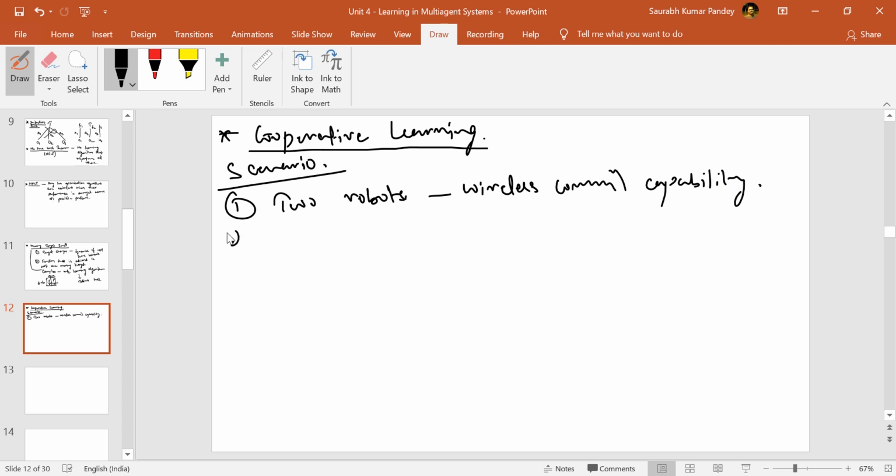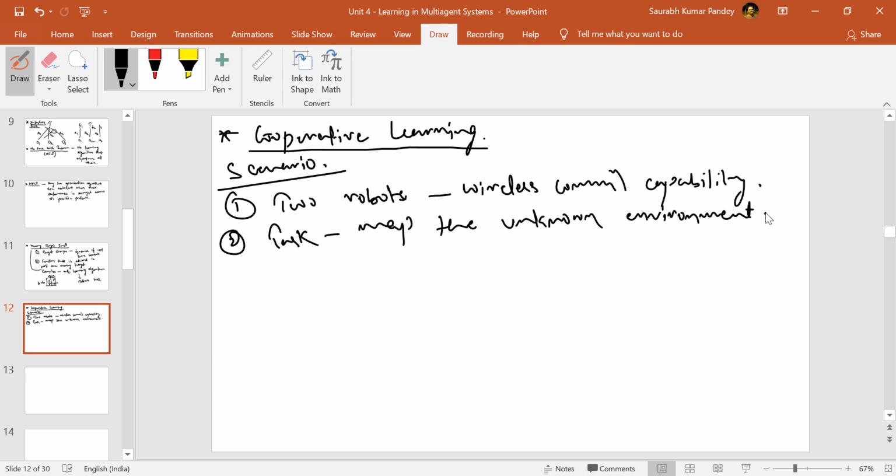What is their task? The task is to map the unknown environment, right? Their task is to map the unknown environment.